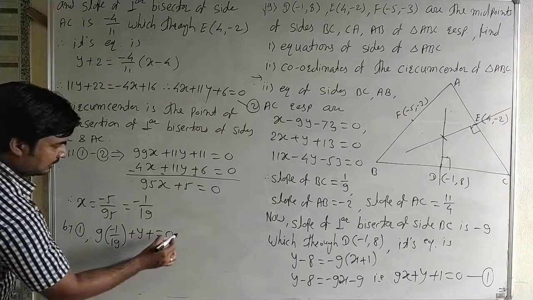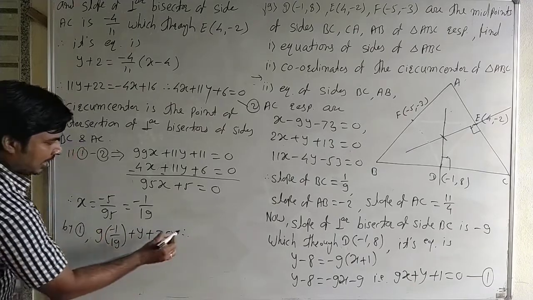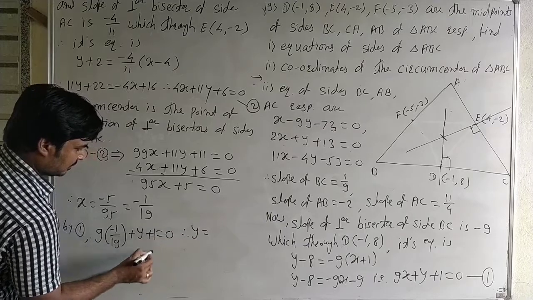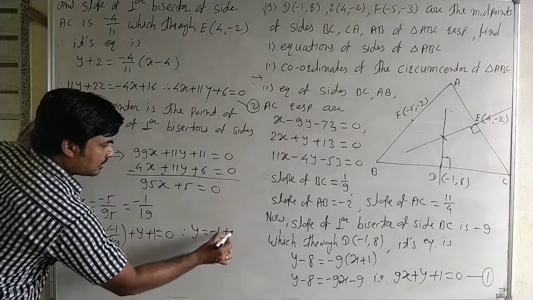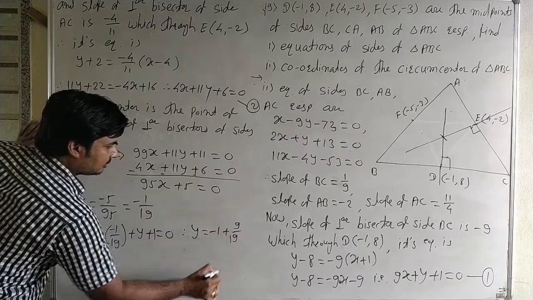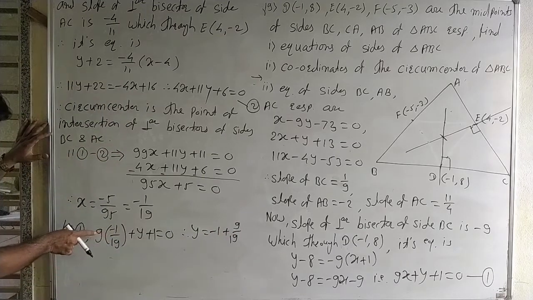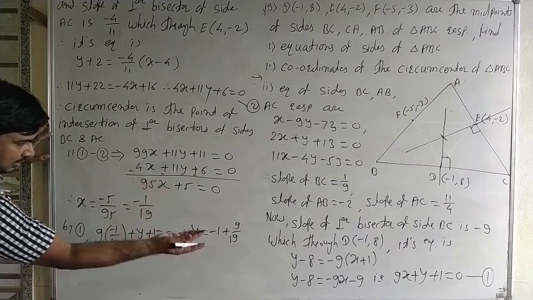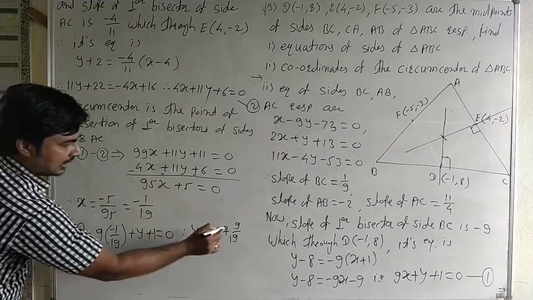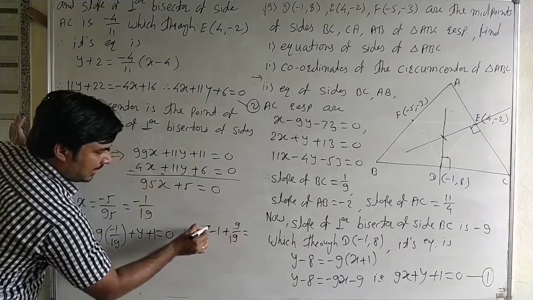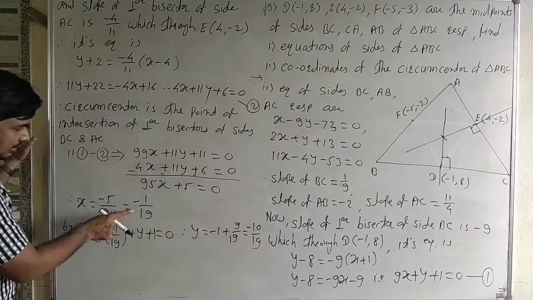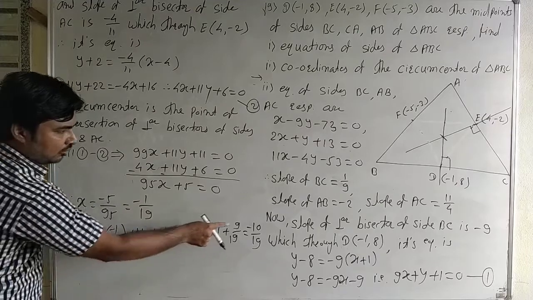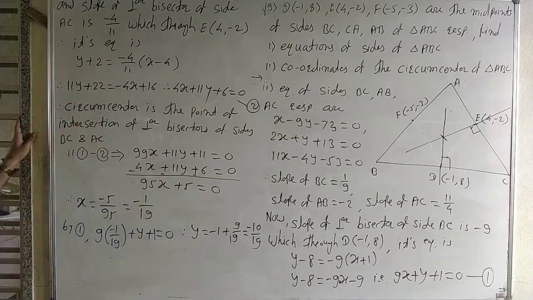And this gives y is equal to minus 1 plus 9 upon 19, that is minus 19 plus 9, minus 10 by 19. The value of x is minus 1 by 19 and the value of y is minus 10 by 19.